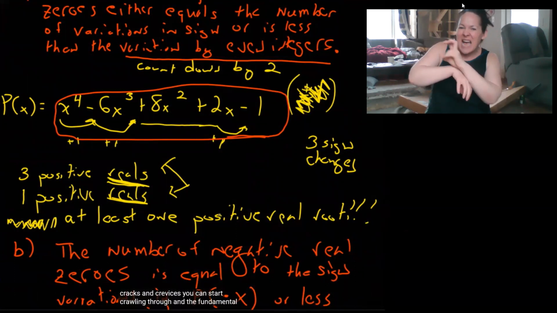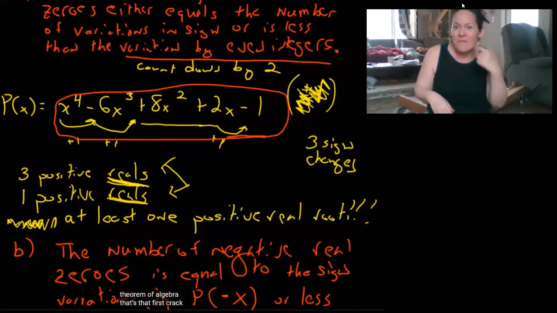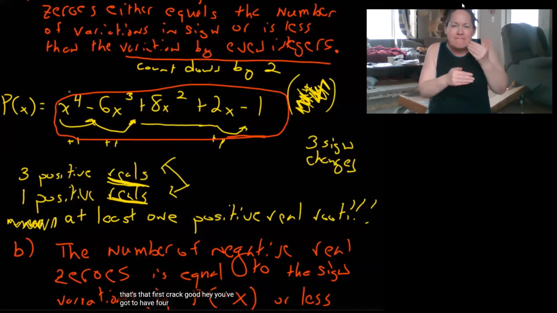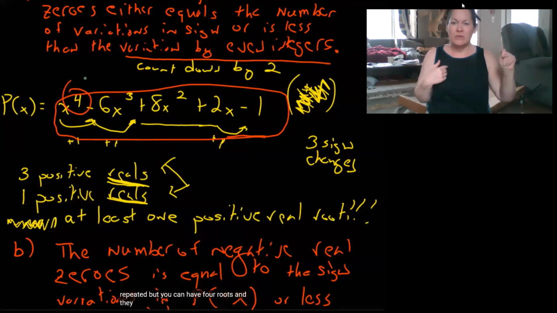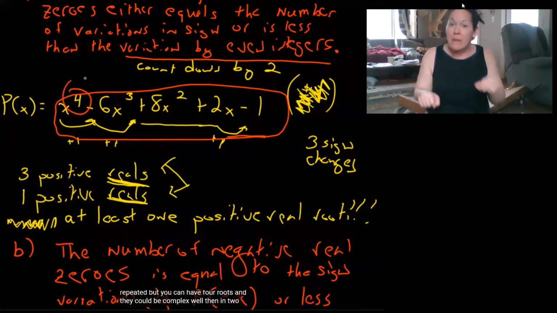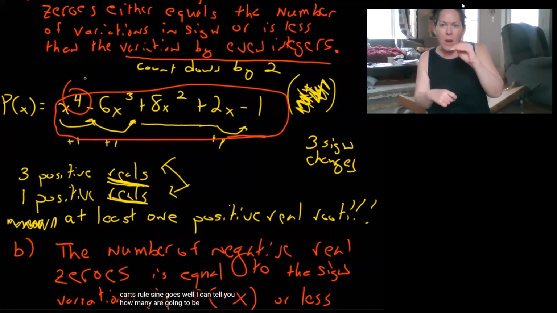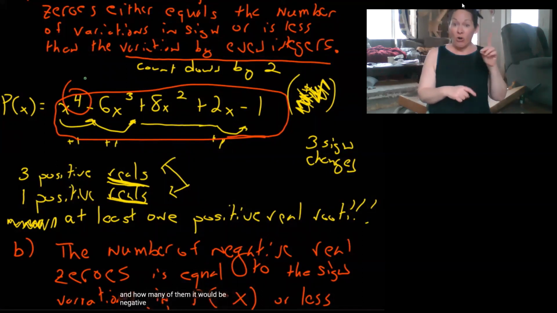And the fundamental theorem of algebra sets that first crack going, hey, you've got to have 4 roots. They might be repeated, but you can have 4 roots. And they could be complex. Well, then Descartes' rule of signs goes, well, I can tell you how many are going to be positive real and how many are going to be negative real. Possibly.